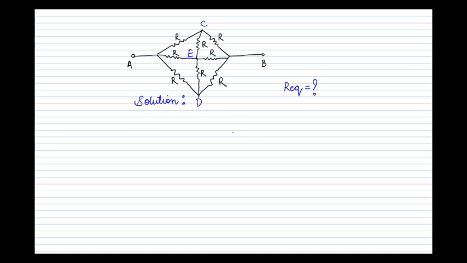For the modified circuit, we take any point A and any point B. Between A and B we have two resistances and E is the midpoint, with one resistance R on one side and one more resistance R on the other.